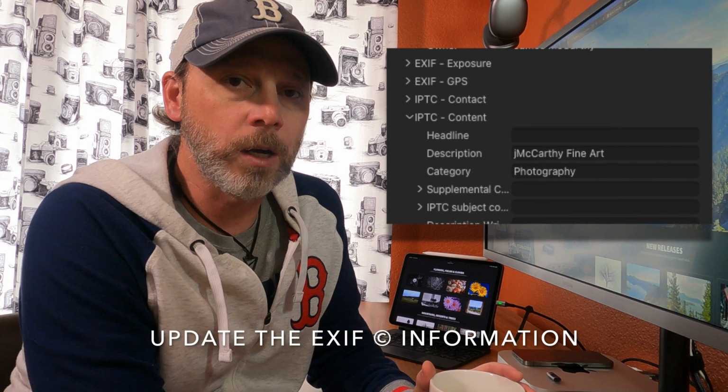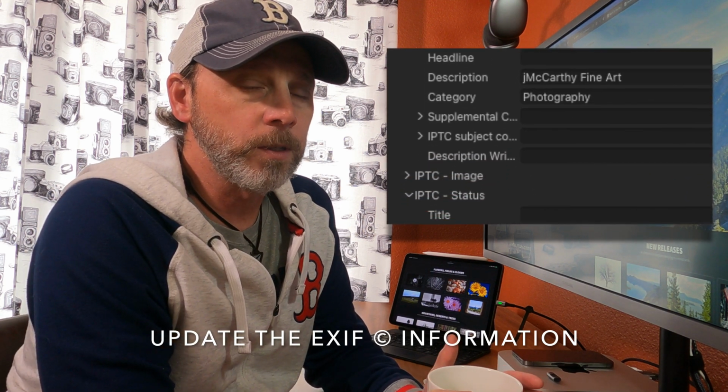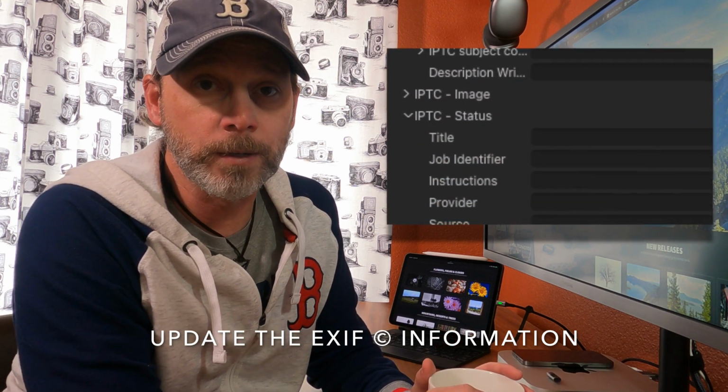Very simple things, like in Lightroom and in Capture One, you can easily update your copyright and copyright terms in the EXIF metadata. You can also add in a lot of information there about the creator. You can put URLs to your website, and that's just in the metadata of the file.